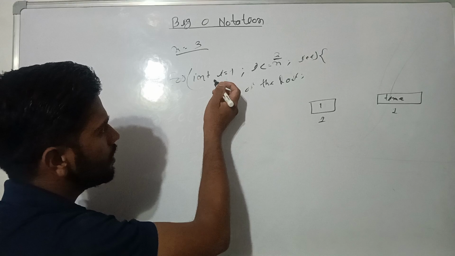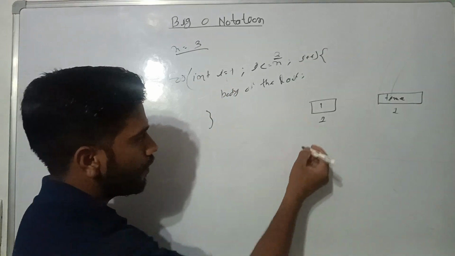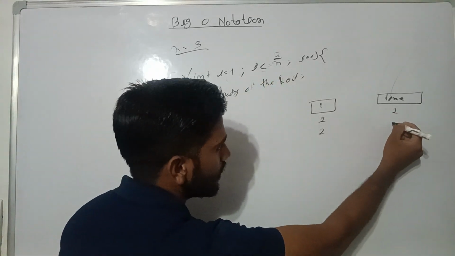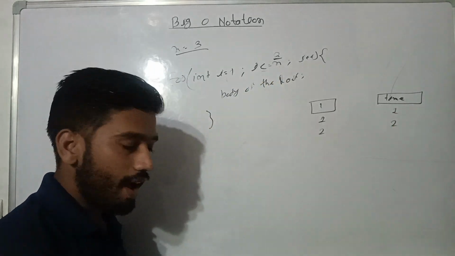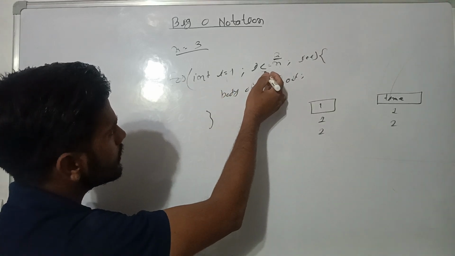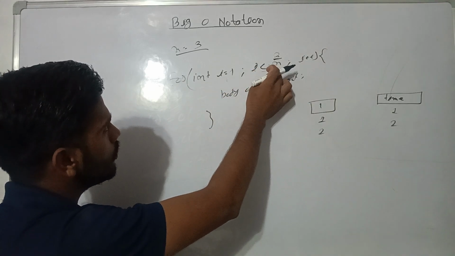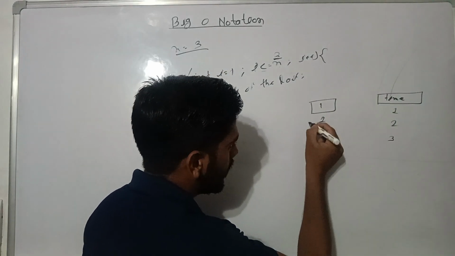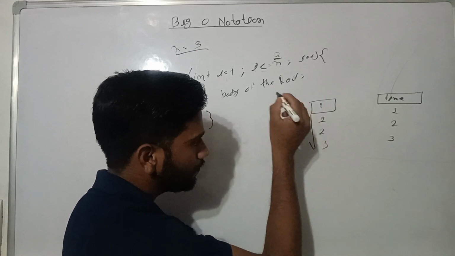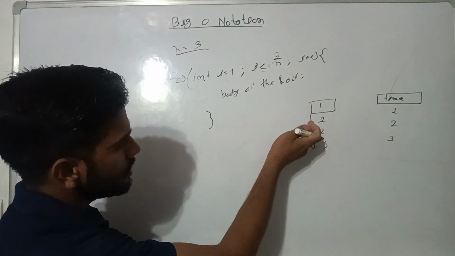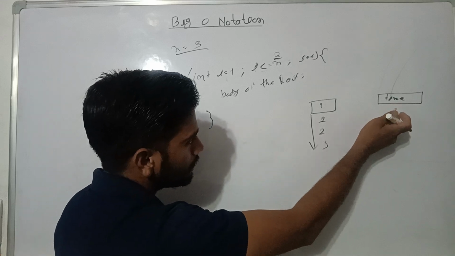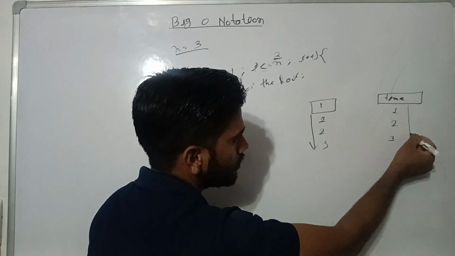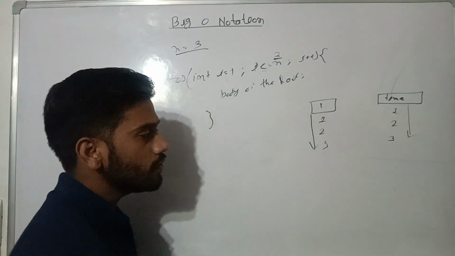After the increment, i becomes 2. When i becomes 2, the condition will be checked and it will be executed again. Then i is equal to 3, and again it will be executed. It means it depends on the size of n. If the size of n increases, then the number of iterations grows.